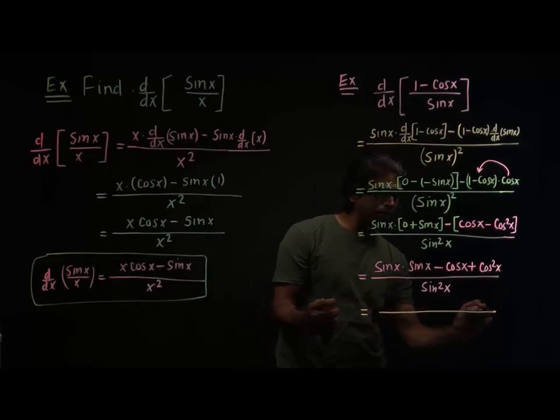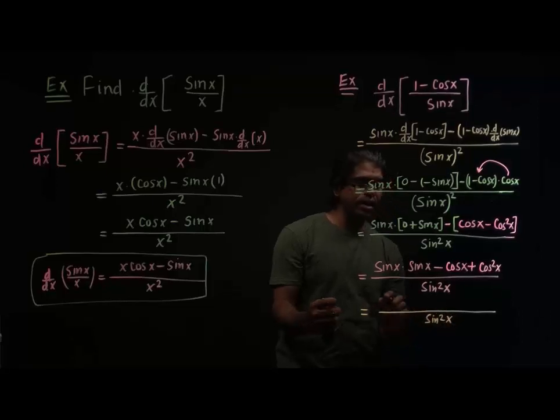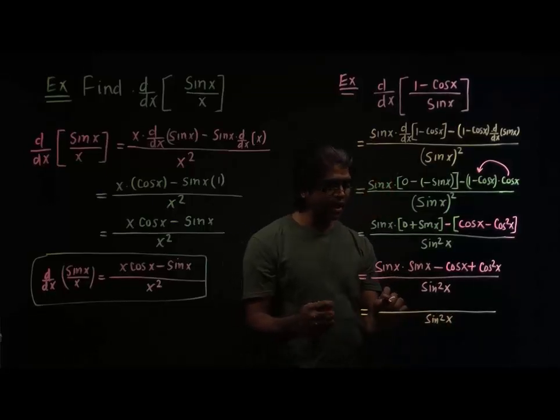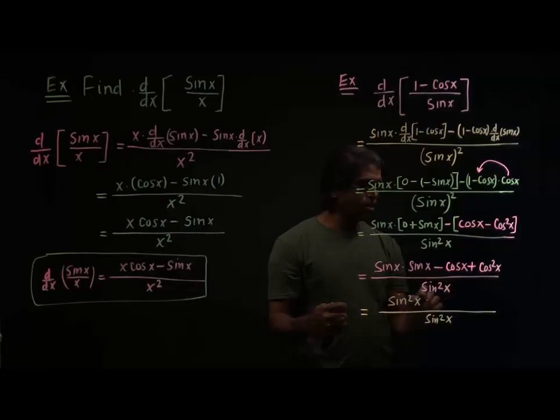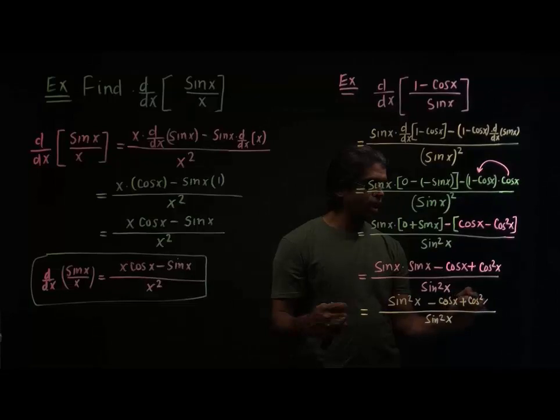Now let's simplify further. This is equal to my denominator, which is sine squared x, and the numerator is sine times sine, which is sine squared x, minus cosine x plus cosine squared x.